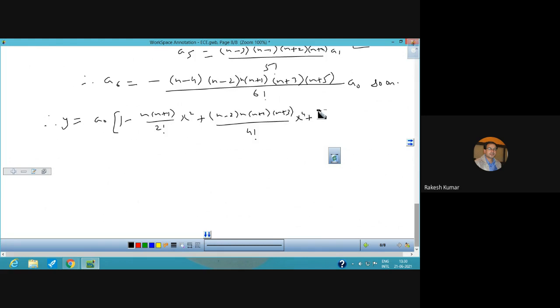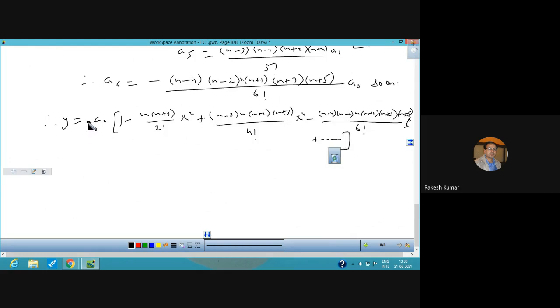And this term is a negative. Next coefficient is a negative n minus 4, n minus 2, n, n plus 1, n plus 3, n plus 5, and it is divided by 6 factorial into x raised to power 6 plus so on.